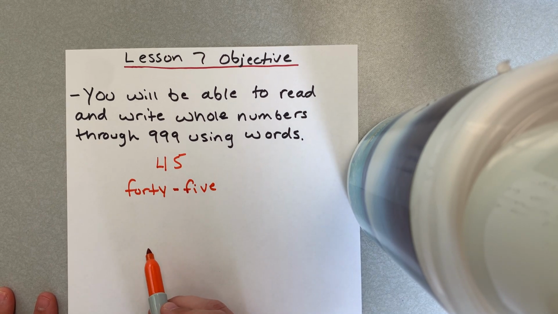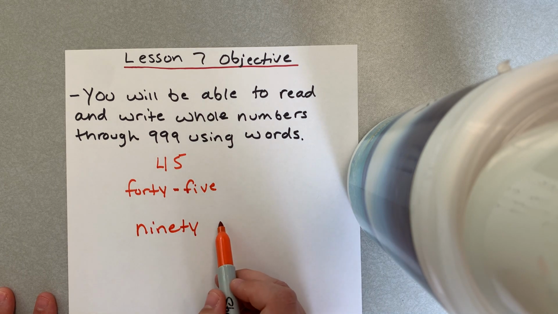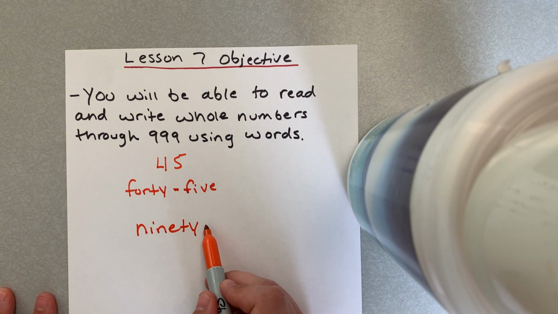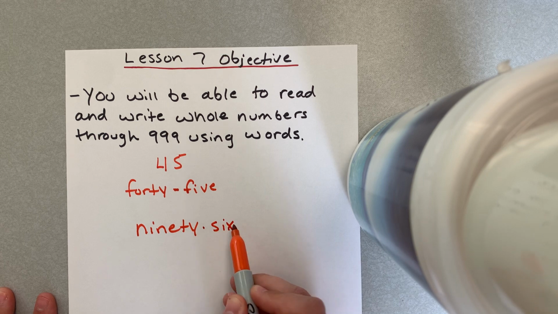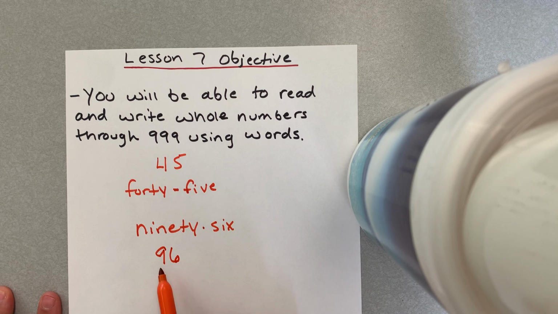If I want to write the number 96 in words, again, I'm going to look back in my book on page 40, but I know that 96 in digits would be 96.